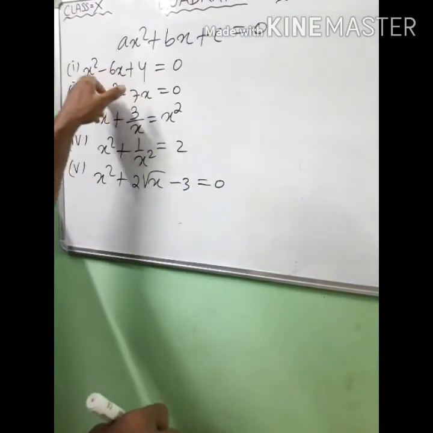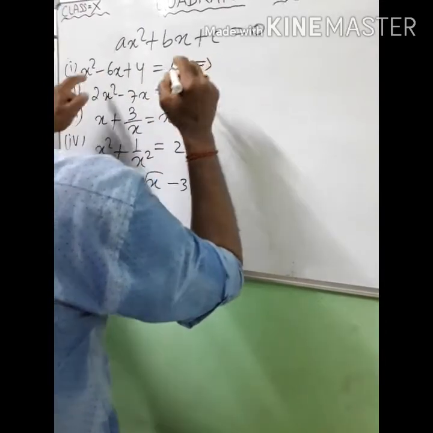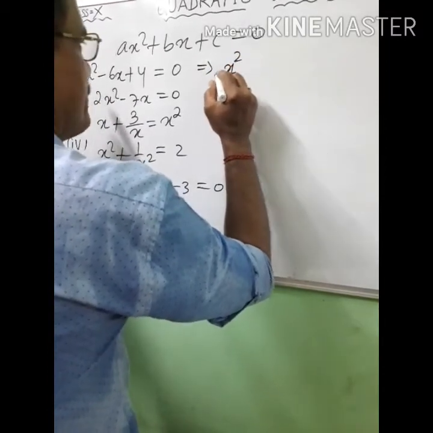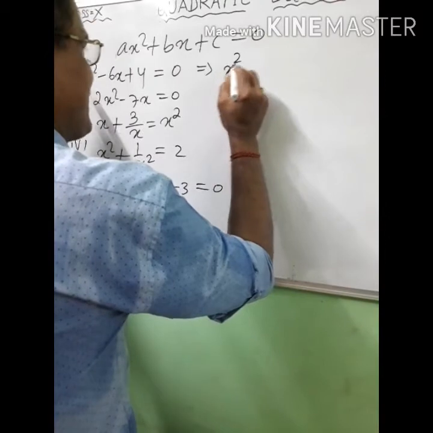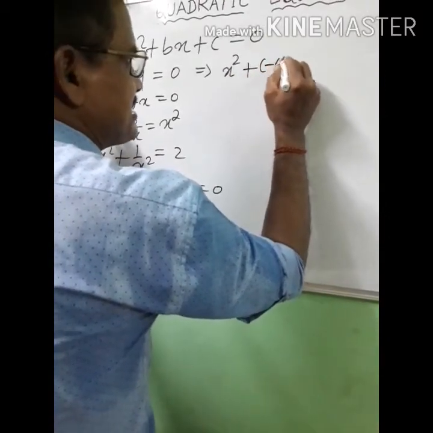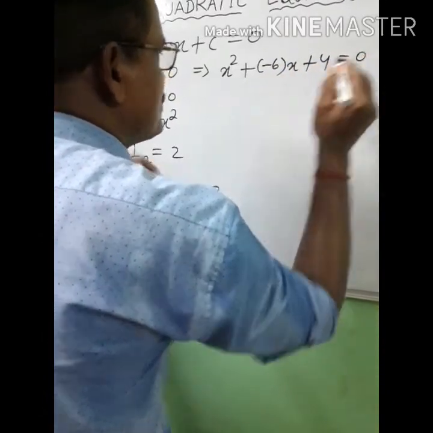we can write this one as x square means ax square, a means 1, x square plus bx, minus 6 into x, plus 4 is equal to 0.